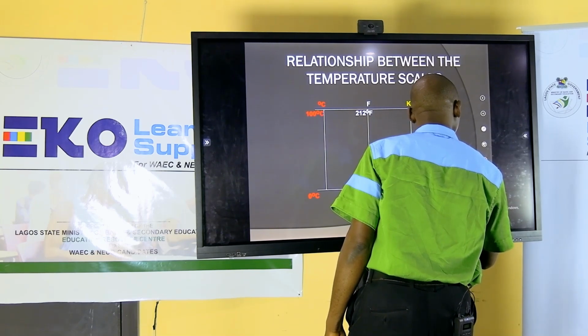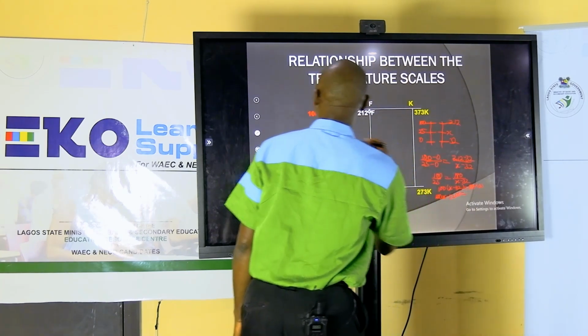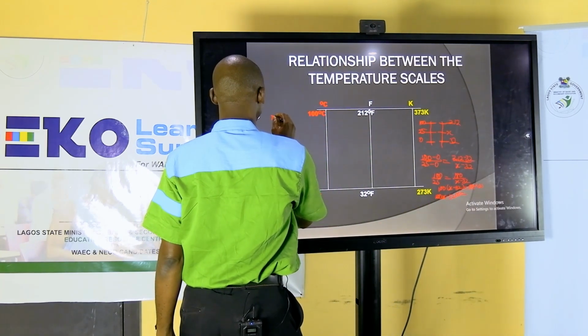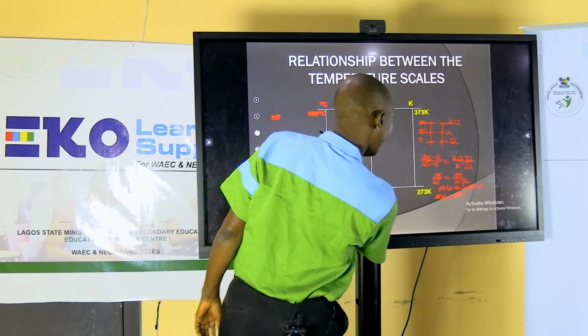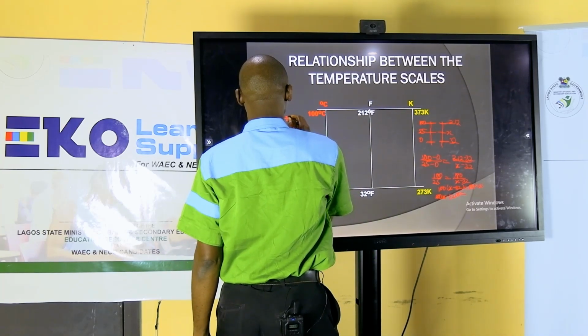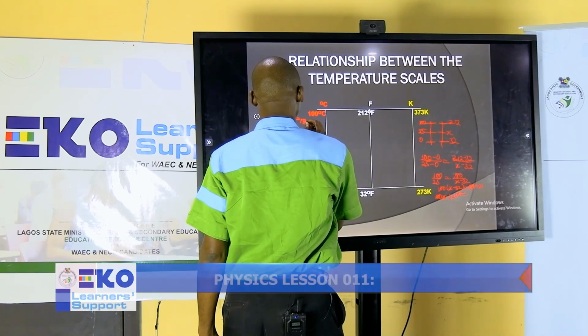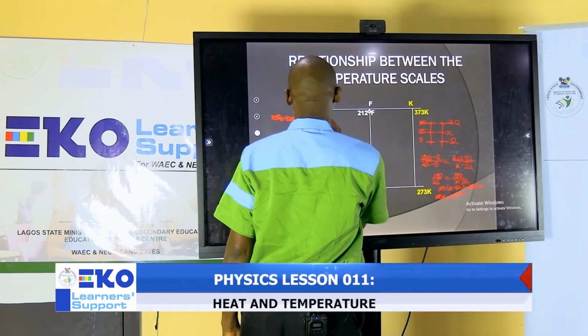180 times 25. In continuation with what we are solving here, I have my 100 times x minus 32 equals 180 times 25.